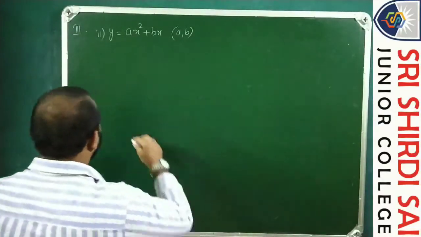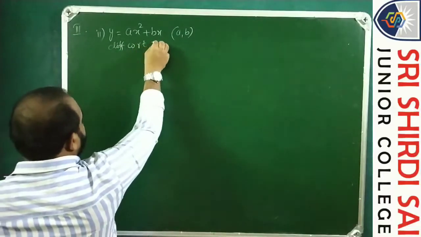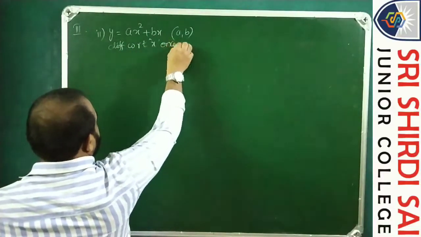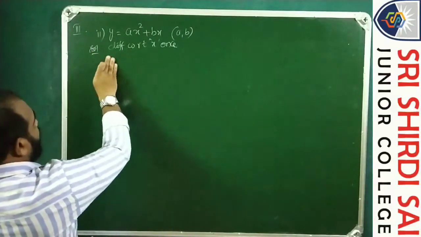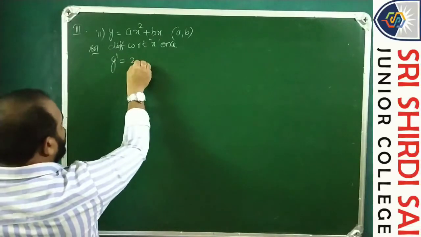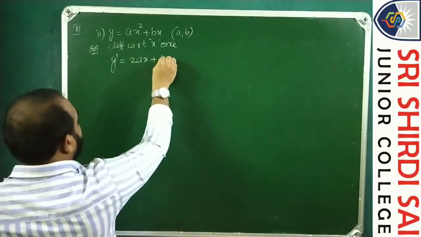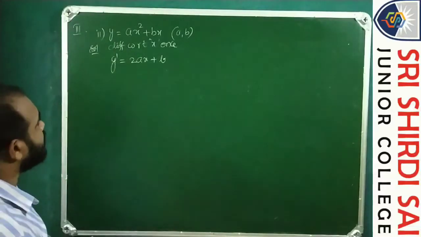So differentiating with respect to x once, dy by dx, or simply we can write it as y dash, is equal to 2ax plus b. Y dash is equal to 2ax plus b.